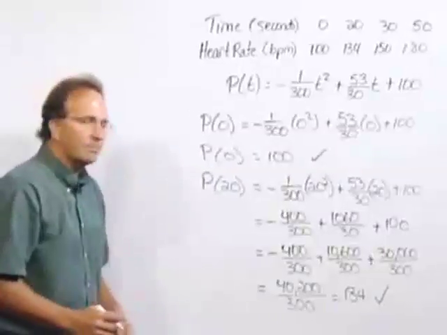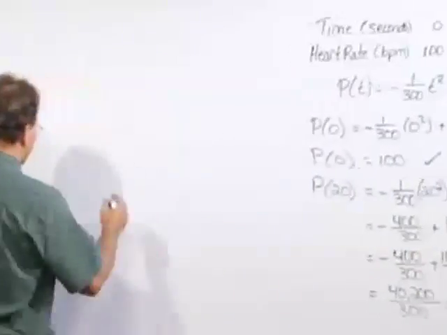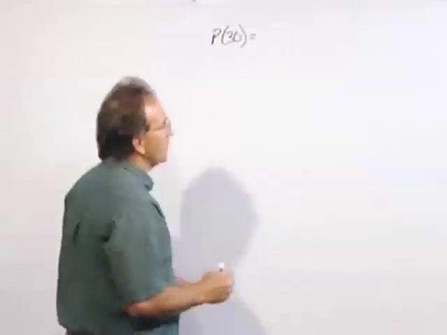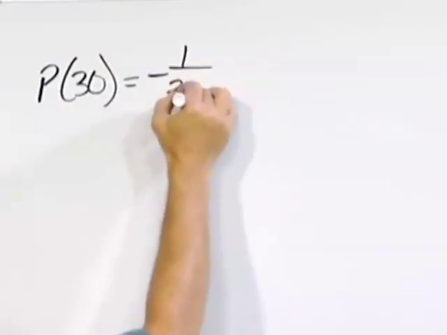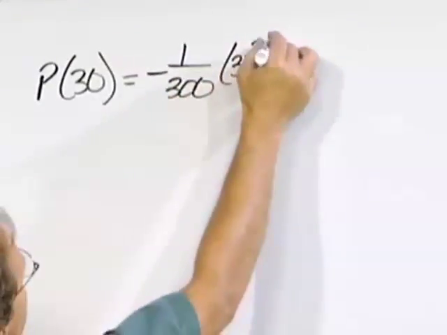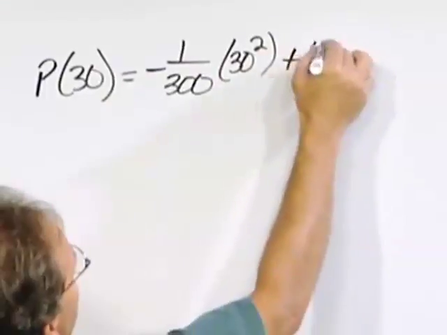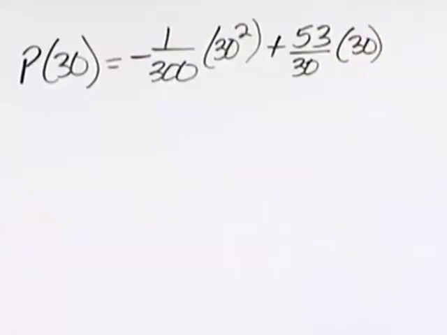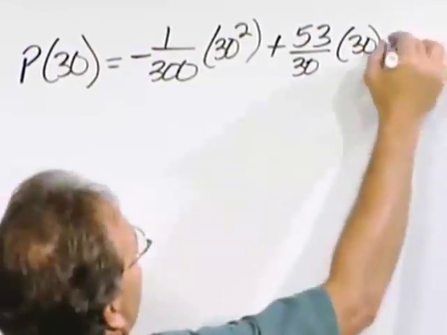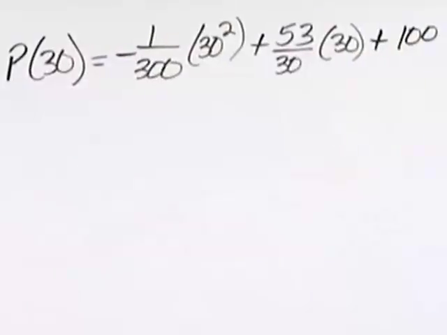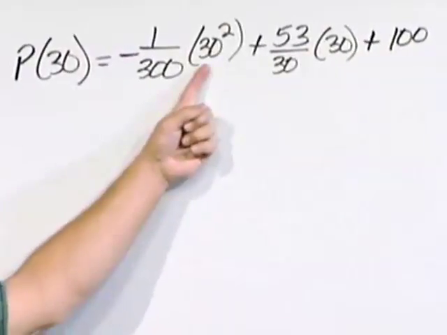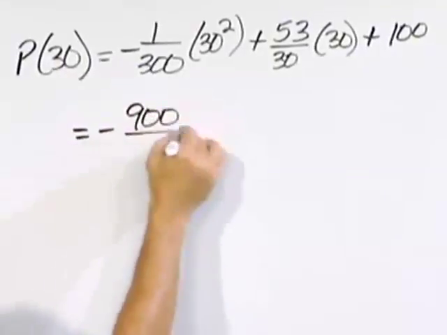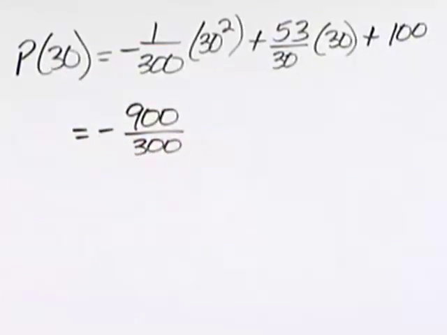But we still need to check P of 30. So let's do that. P of 30 will be equal to minus 1 over 300 times 30 squared plus 53 over 30 times 30. And then plus the 100. 30 squared is 900. So what we have is negative 900 over 300.